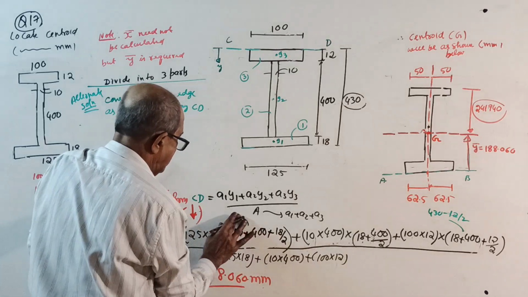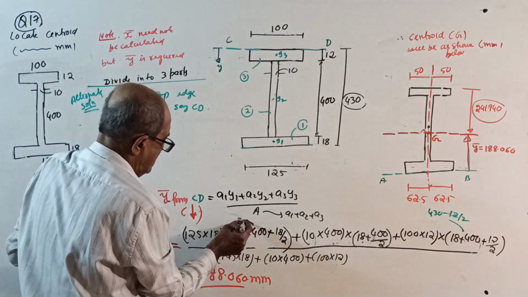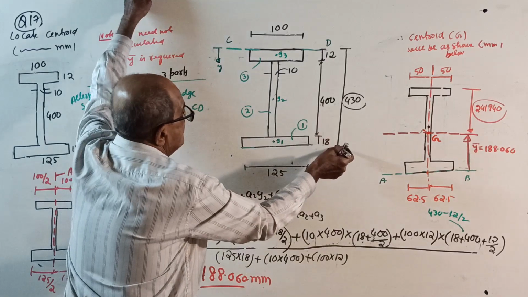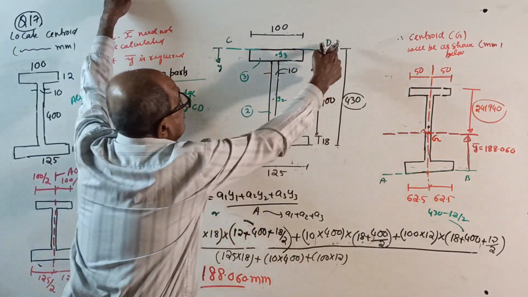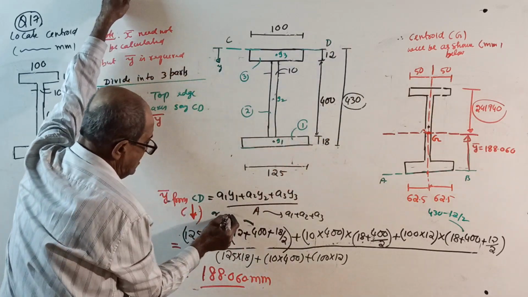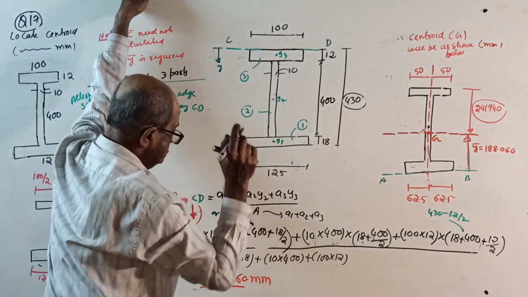Or you can directly do it from 430 subtract 18 by 2. Both are okay.